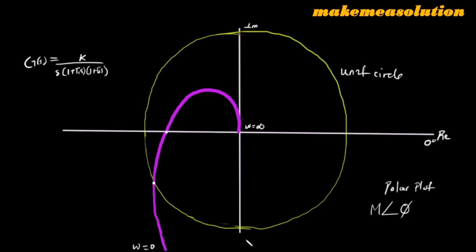So this is 0 degrees, this is minus 90 degrees. When you're going in the clockwise direction, you label with negative angles: minus 180 degrees, and this is minus 270 degrees, and so on. If you're going in the counterclockwise direction, you label with positive angles.